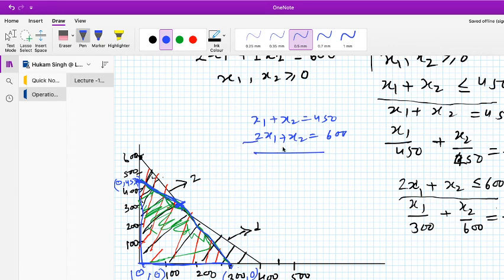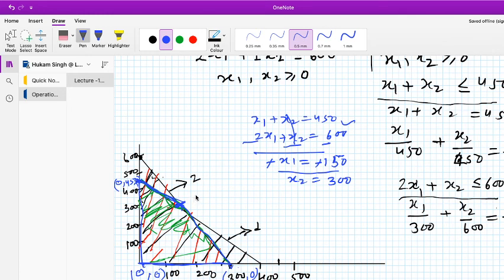We can subtract the two equations, so this will cancel out. So minus x1 equals minus 150, okay. So minus minus plus, so the value of x1 is 150, and we can put x1 equals 150 in this equation, and from here we can find x2 equals 300, okay.